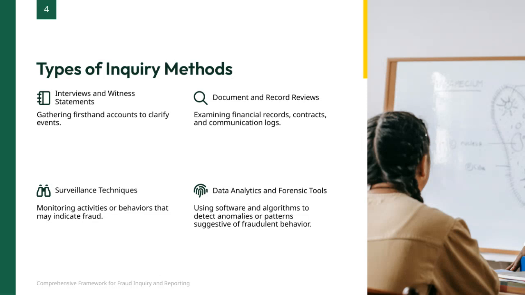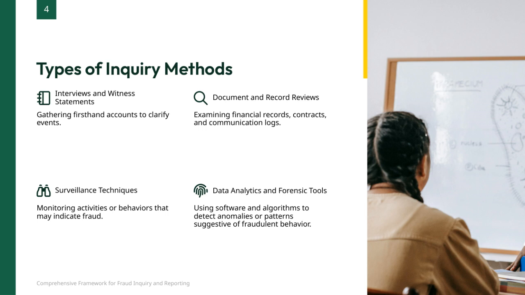When conducting an inquiry, there are several key methods we use to gather information and uncover the truth. First, interviews and witness statements are essential because they allow us to collect first-hand accounts that help clarify what actually happened. Next, document and record reviews are crucial. We closely examine financial records, contracts, and communication logs to find any inconsistencies or suspicious details.